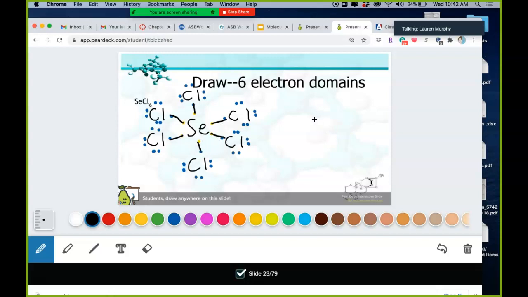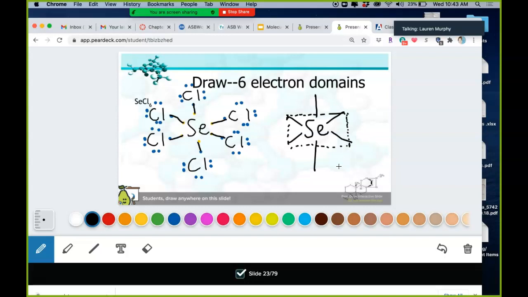Okay, all electrons are being utilized. Now I'm going to redraw this the best I can to shape. So you should notice the base of this structure is a square instead of a pyramid like we had before.